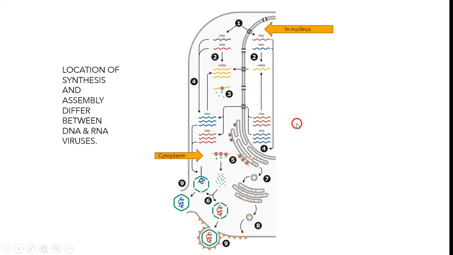So in that DNA virus, those capsomeres, those proteins needed for the capsid, is going to still occur in that, as you can see here, kind of the rough ER component.